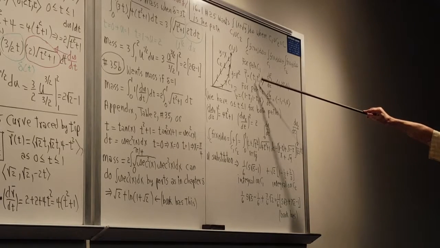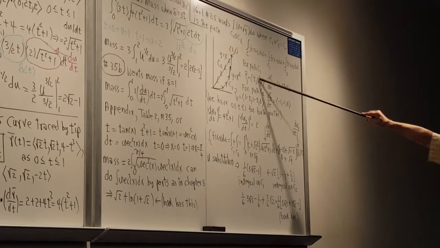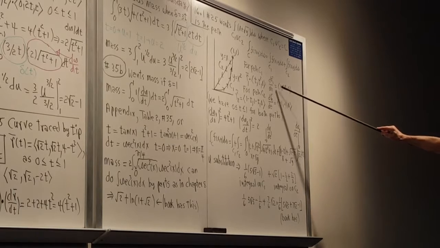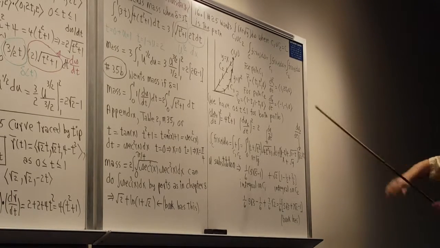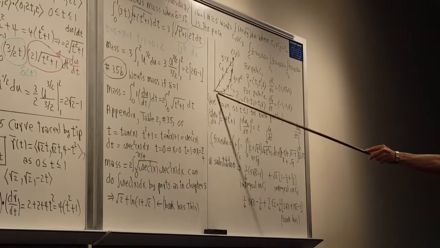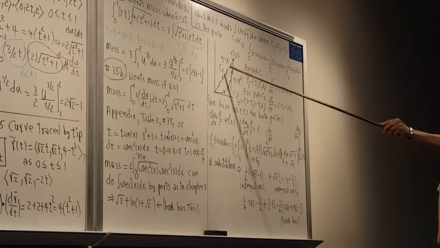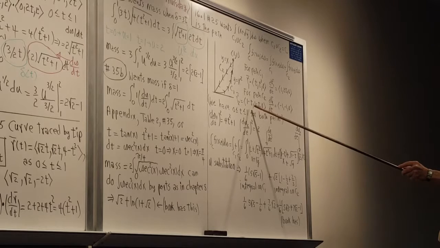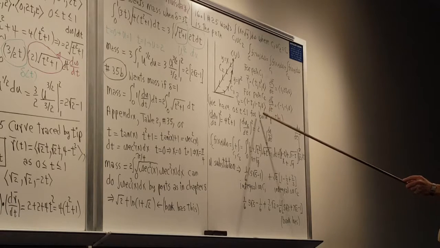So then with r1 and this parameterization, your velocity vector is 1, 2t, and 0, whereas on path 2, you see it's a line, but you have to remember you're going from here back to there. So if you work that out, you'll have 1 minus t, 1 minus t, and 0.